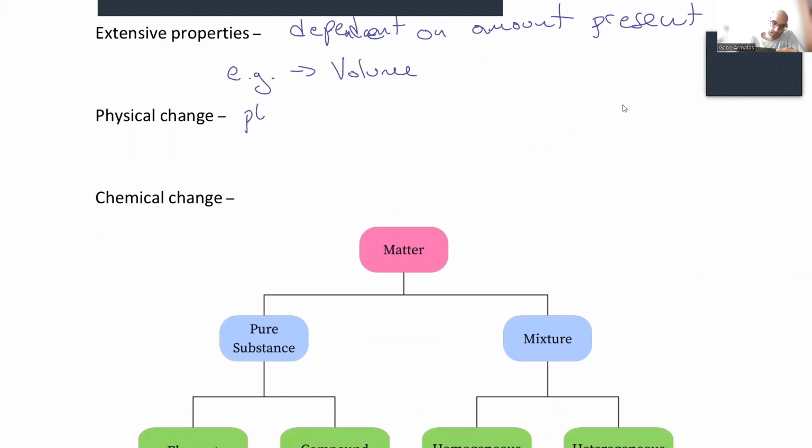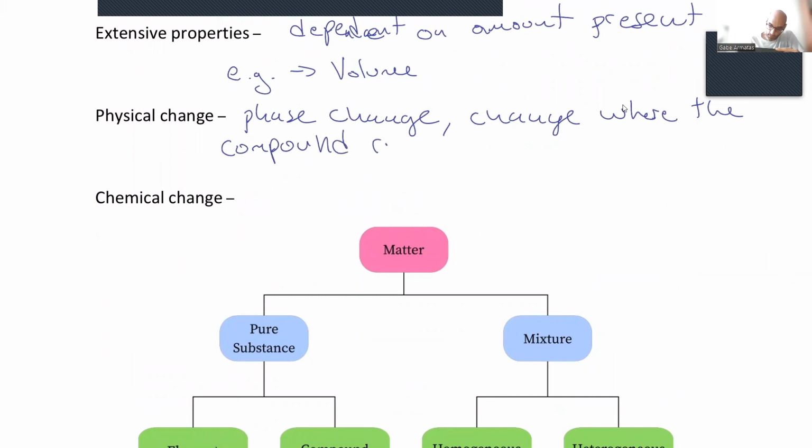It is a phase change, or a change where the compound remains unchanged. What we're really looking for is solid to liquid to gas, or liquid, some version of a phase change, going from liquid to gas, or some version of a phase change.